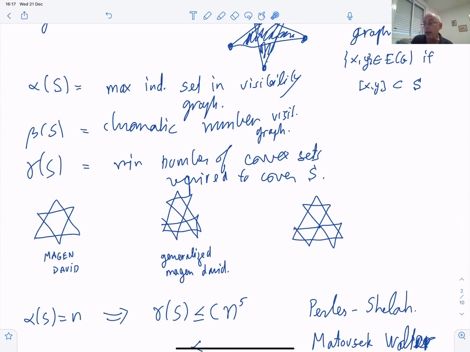And it was a conjecture for many years that a polynomial number suffices. And this was proved by Micha Perles and Saharon Shelah. And their proof gives a constant times n to the 5. And this was reduced to a lower degree polynomial by Ilka Matuszek and Pavel Welter.